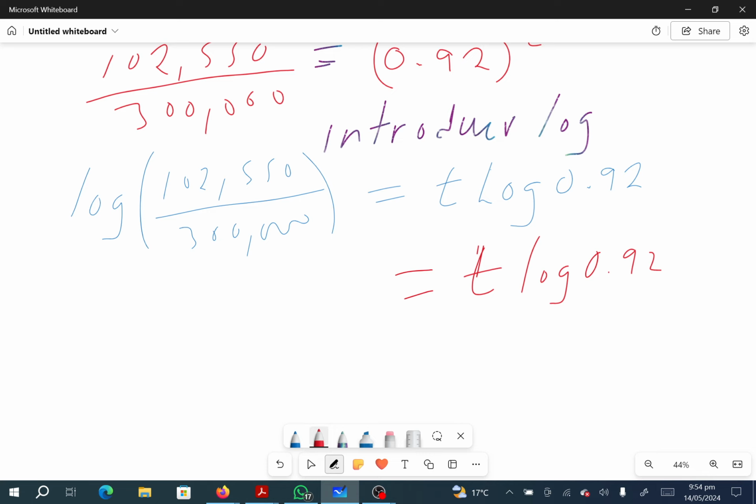Now we can compute. What is our log for this?